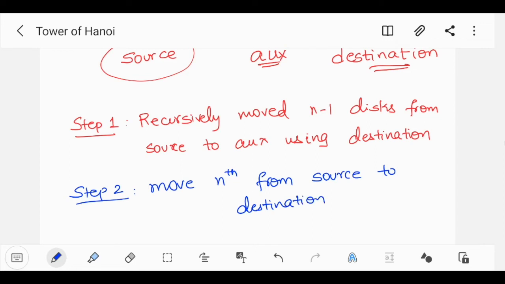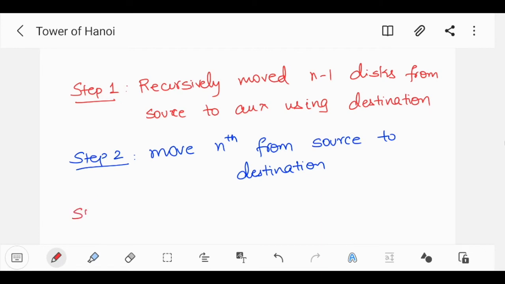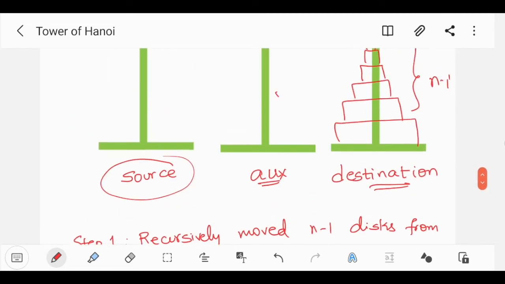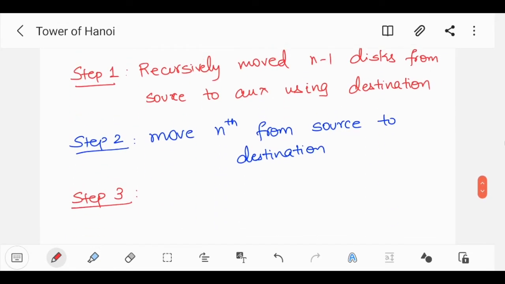Yeah, and the final third step, where I say step 3 is to again recursively move those n minus 1 disks, which were here in auxiliary, to the destination using source. Let's put that as a statement here.